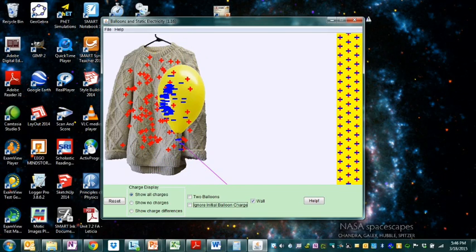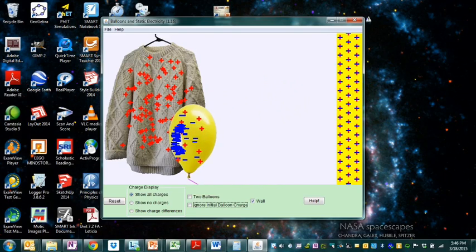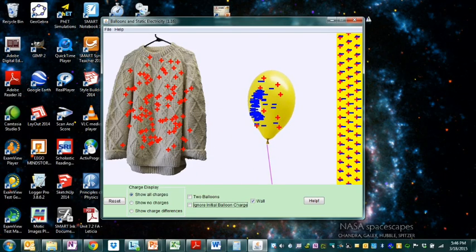So as I rub this balloon on the sweater, I now have lots and lots of negative charges, extra electrons, on my balloon, and on the sweater I'm left with positive charges because electrons have been stripped from those atoms. I shouldn't say all the electrons, I should just say 1 electron.